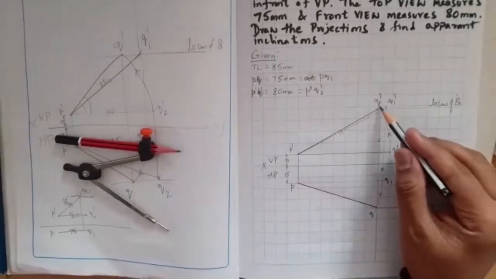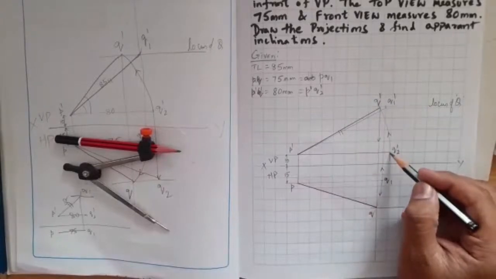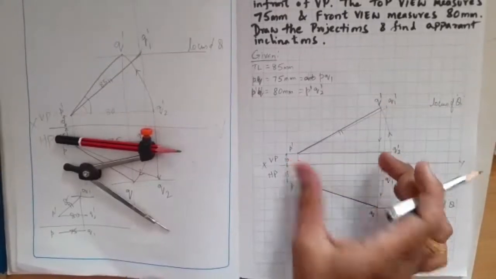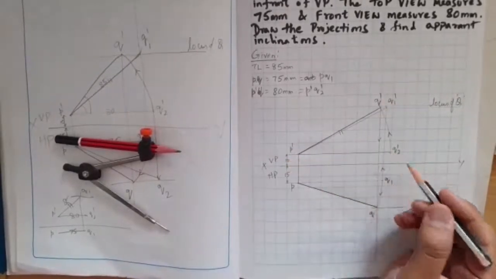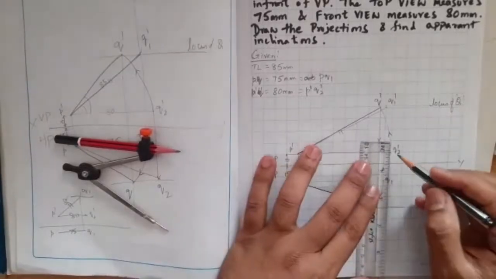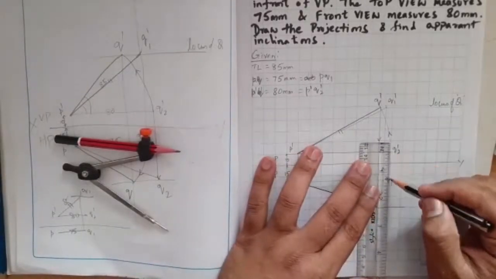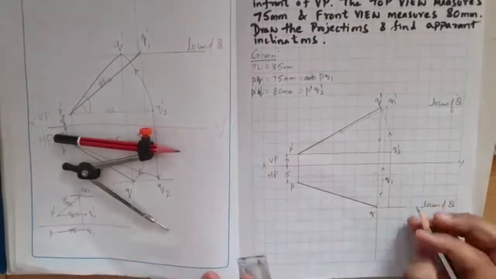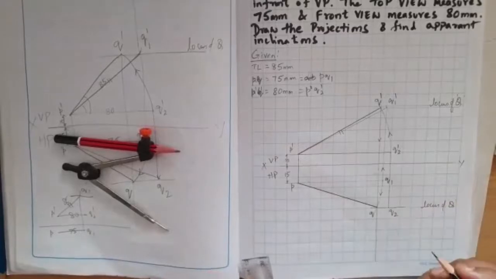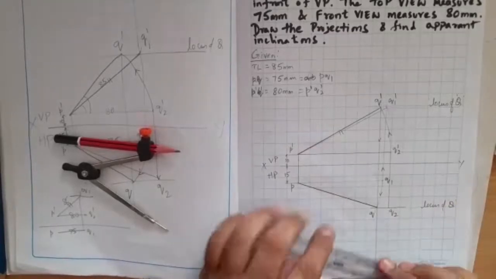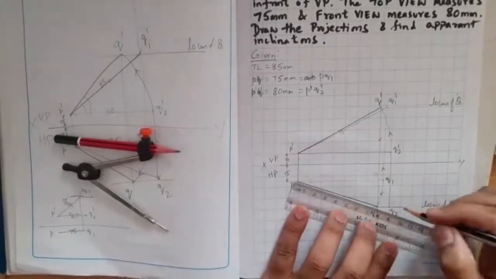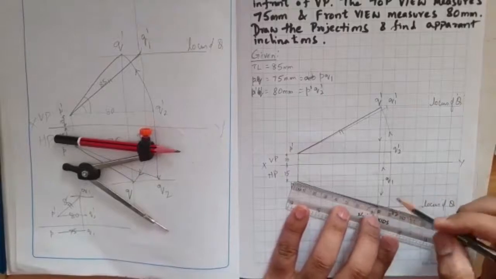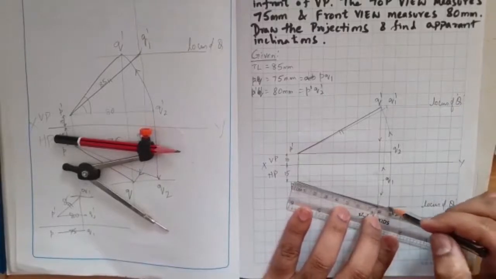So Q dash to Q2 dash, I'm just reversing it. That means I have already taken the front view as Q2 dash. And from here, Q2 dash, I'll draw a line till it meets this projection line and obtain Q2, and take your scale and draw a line. You need to get the true length 85 mm. Otherwise, your problem will be wrong.